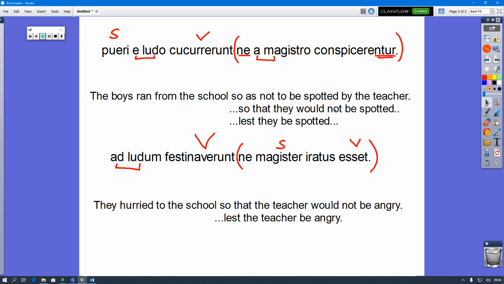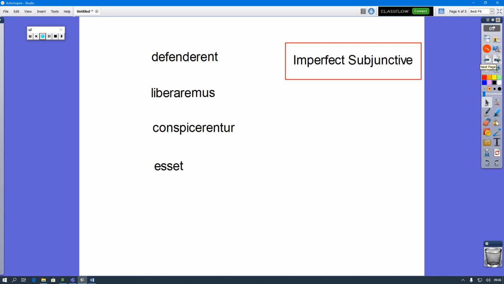Finally, let's look at what the verb is. Now in all of these clauses, the verb is an imperfect subjunctive. It's a subjunctive because it's not suggesting whether the thing actually happened or not, so it's subjunctive rather than indicative.